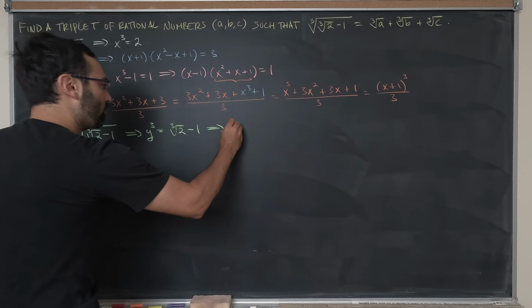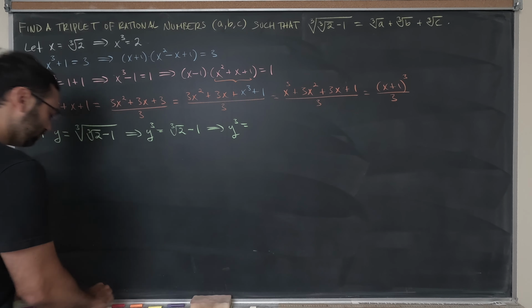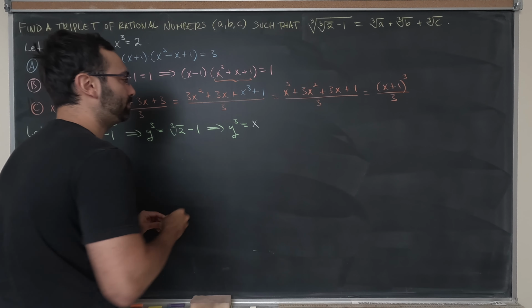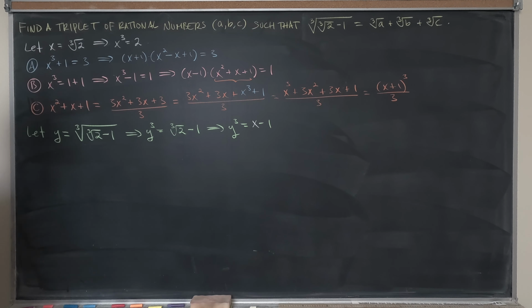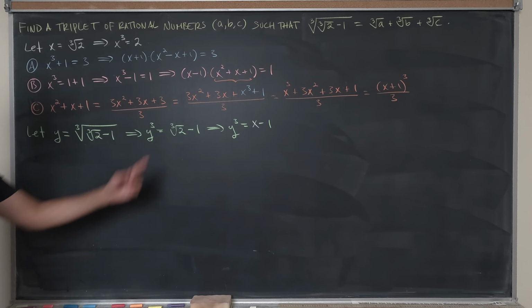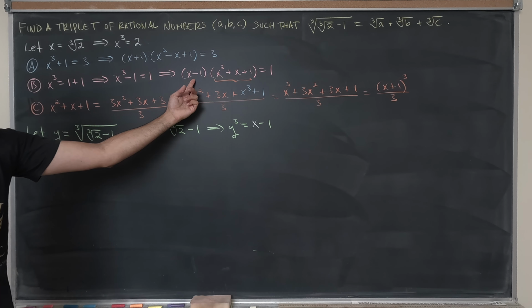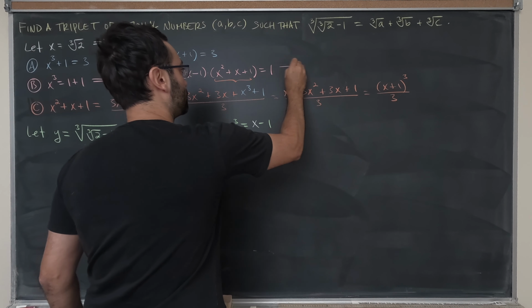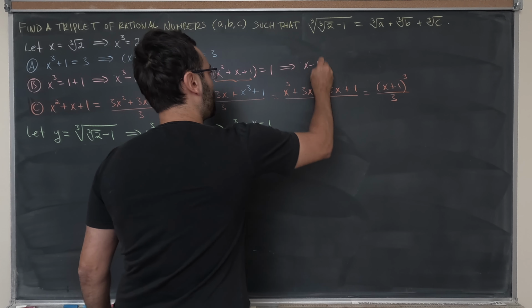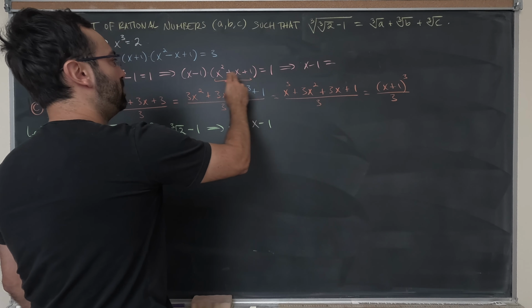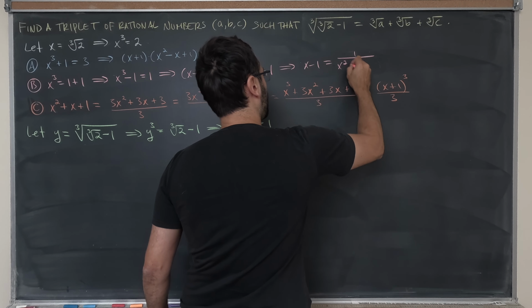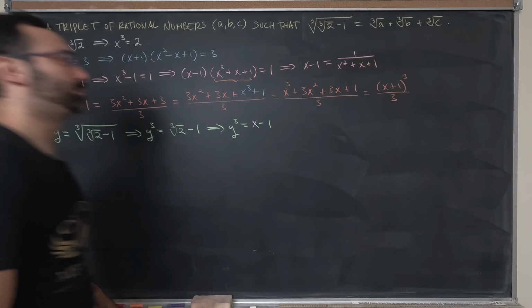So we can write y cubed equals x minus 1. But notice there's another x minus 1 hiding right up here in pink. So why don't we go back here for a moment and write the following. x minus 1 equals 1 divided by x squared plus x plus 1.